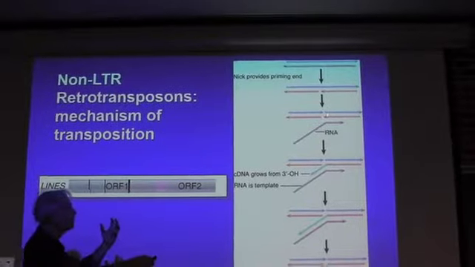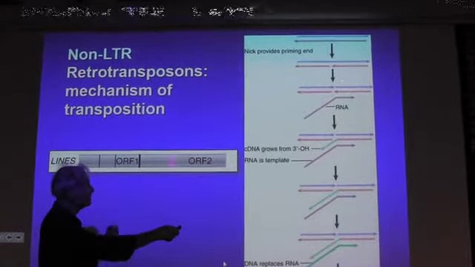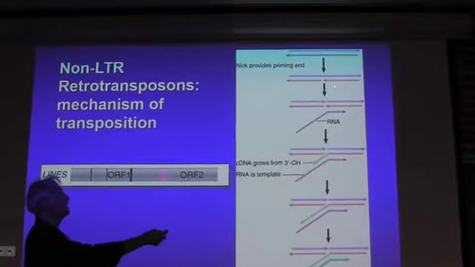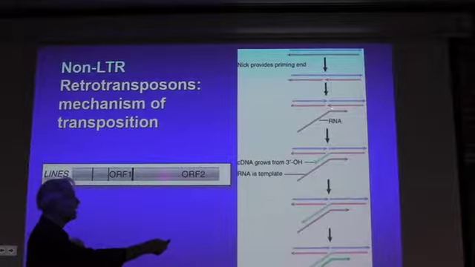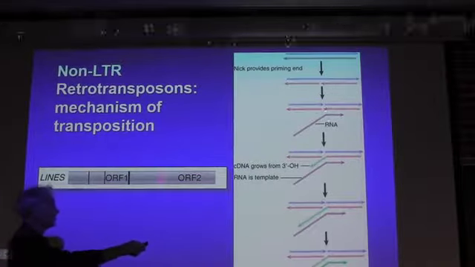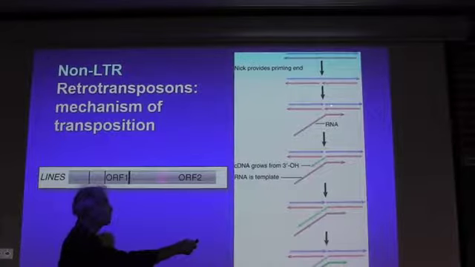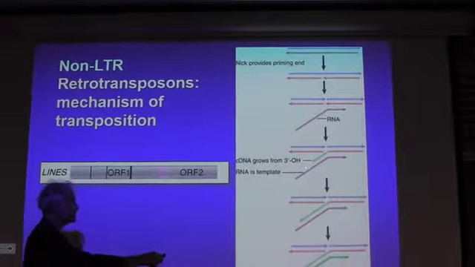And when it goes to the genome and it finds an AT-rich region, the endonuclease component cuts one strand at first. And that cut, the 3' end of the cut generated, serves to prime DNA synthesis. Here you see green, DNA synthesis.